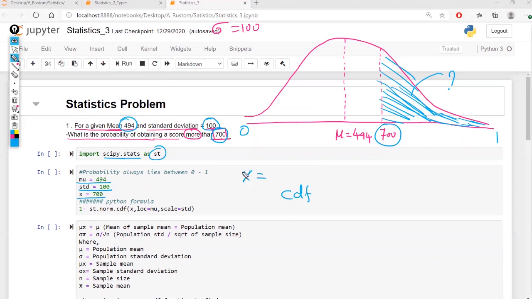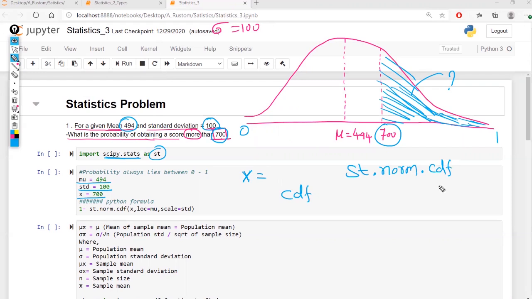If x data is given, I will use a CDF function. And what is that formula? The formula is basically st, scipy.stats dot norm, normal distribution, dot CDF function.